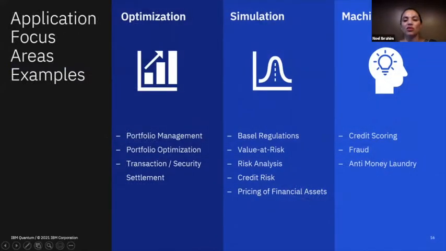So most of these algorithms fit into the three buckets we discussed earlier: optimization, simulation, and machine learning. And here are just a few examples of optimization, simulation, and machine learning in the financial services industry. So portfolio management and transaction and security settlement fit under optimization. Value at risk, credit risk, and pricing of derivatives fit under simulation. And under machine learning, we have credit scoring, fraud, anti-money laundering as examples.